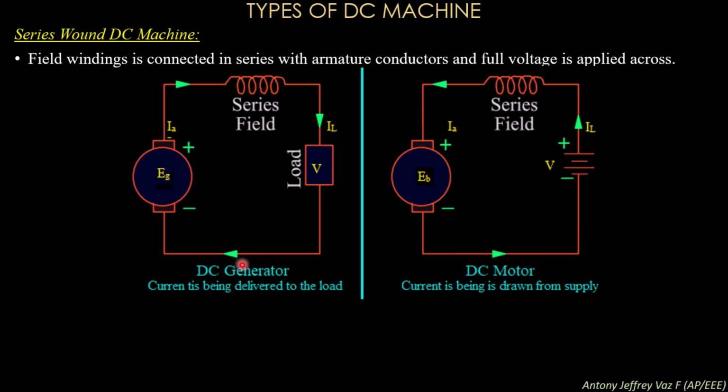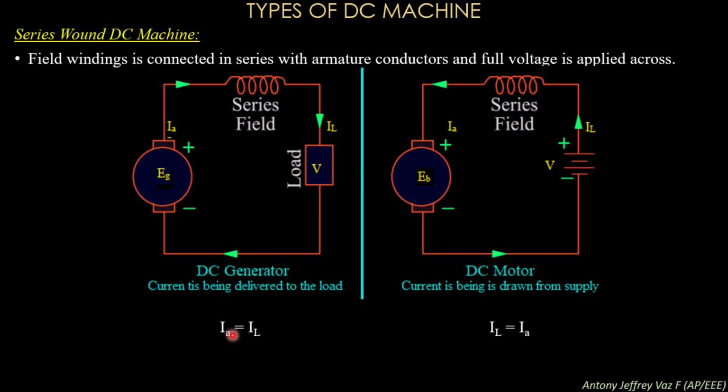Here in the DC generator, the current is being delivered to the load, the terminal voltage is V and the generated EMF is EG. Whereas in the DC motor you need to supply power to the motor, the terminal voltage is V and the current fed into the motor is IL.